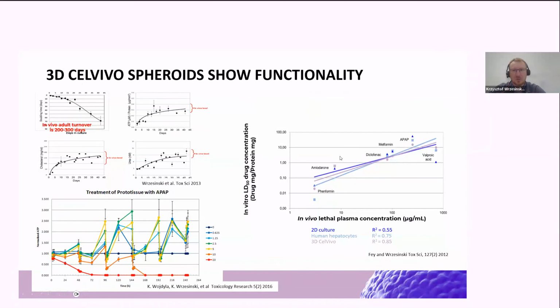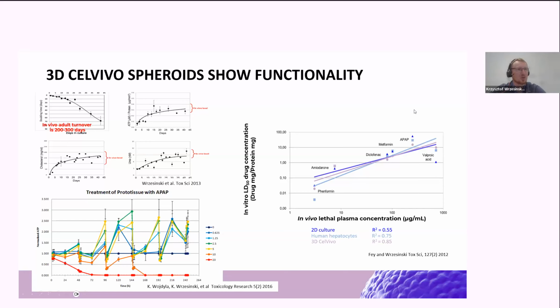We have been able to demonstrate that constructs made out of this immortal cell line are able to regain physiologically relevant functionalities, and we are able to use them for physiologically relevant experiments with long-term and repetitive treatment.